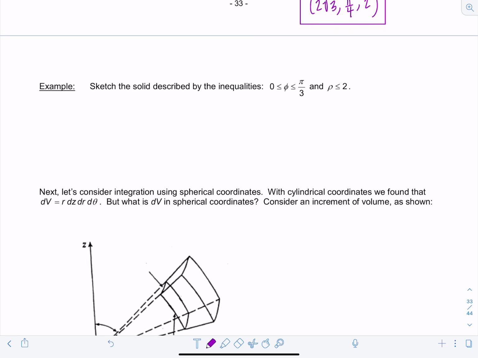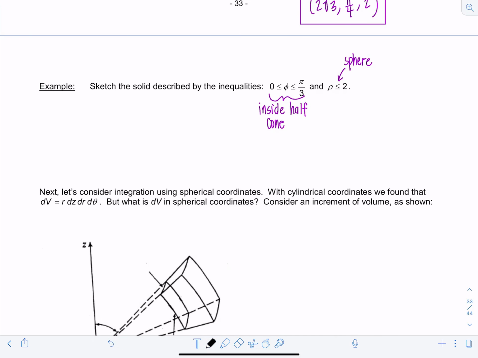So we saw that phi equaling a constant described the graph of a cone. So since phi is between 0 and pi thirds, then that means it's inside this half cone that makes an angle of pi thirds with the positive z-axis. Rho less than or equal to 2 means we're inside a sphere, right, of radius 2.